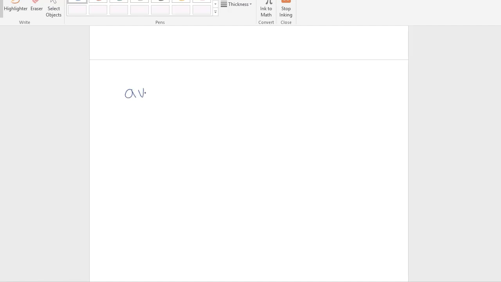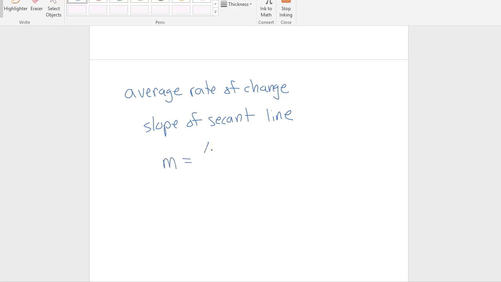So we were talking about an average rate of change, and graphically speaking, we called that the slope of the secant line. Now we talked about that slope being delta y over delta x, let's say, right? So this was the slope between any 2 points.